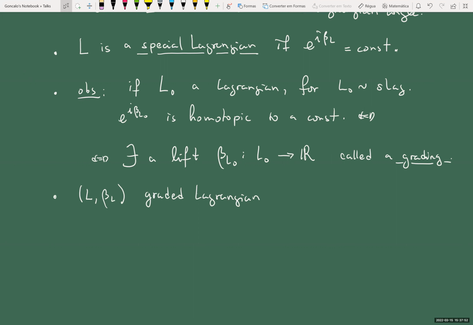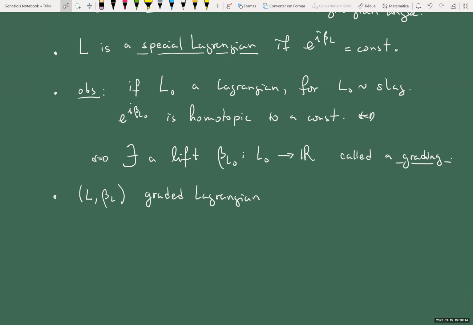So you can think of these as generalizing the notion of a straight line together with a function which tells you at each point the angle that the velocity vector makes with a fixed line, up to 2 pi.